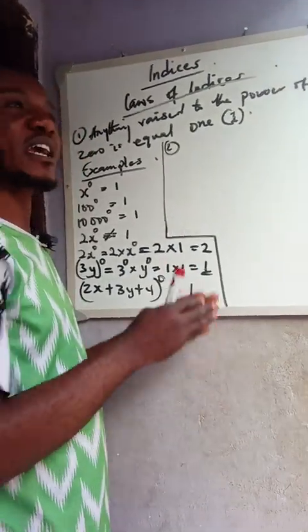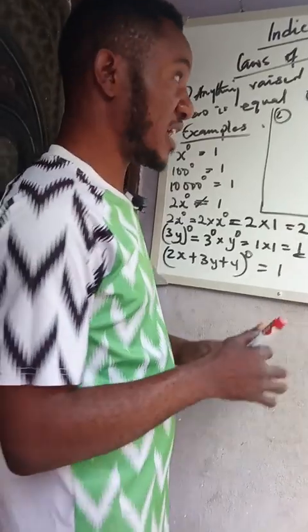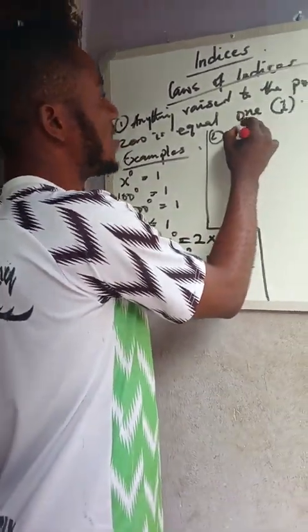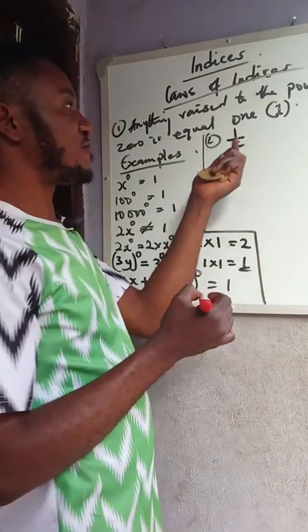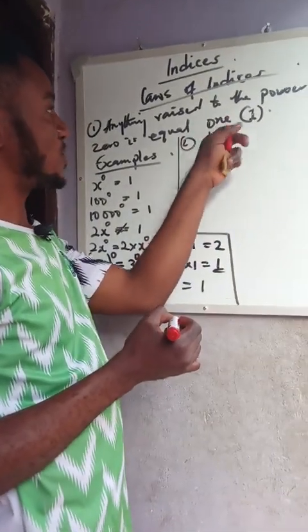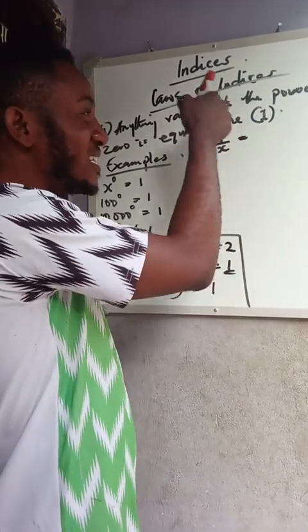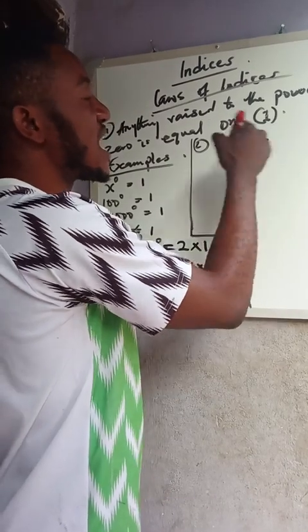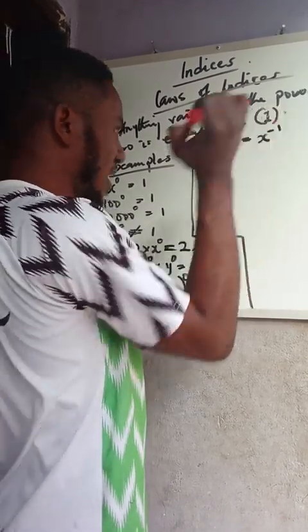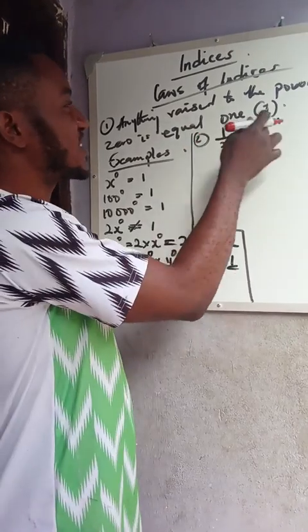So to convert a fraction to a linear, for example, if I have 1 over x, this is a fractional equation. 1 is the numerator, and x is the denominator. To make it a linear equation, it becomes x raised to the power minus 1. Do you understand now? x raised to the power minus 1.